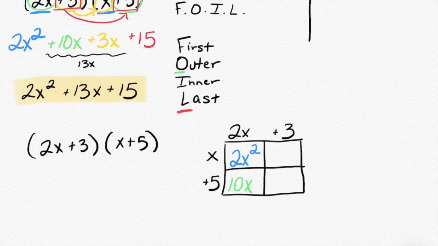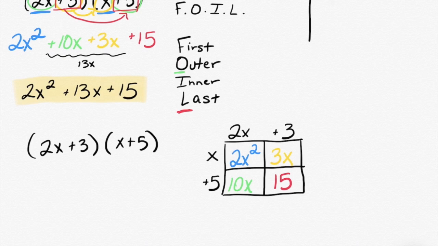So I like that. And then we'll fill in the second column. The first one is 3 times x, 3x. And then finally, I'm going to do 3 times 5, which is 15. Now you'll notice that what I wrote here in these boxes is the exact same thing that I wrote when I did FOIL.